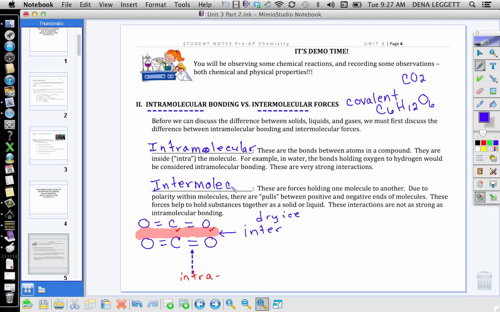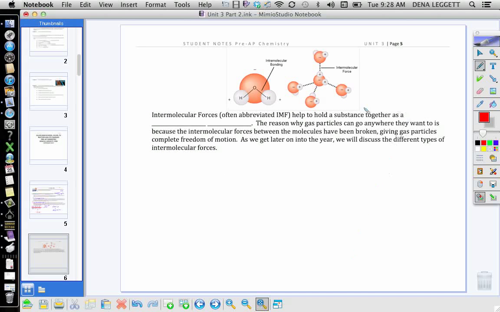Now, in terms of phase changes, we are not changing the nature of the substance. A phase change is a physical change, not a chemical. And if it's a physical change, we do not break bonds or form new bonds. So what we're dealing with are intermolecular forces. In this picture with water, this is the bond in water.